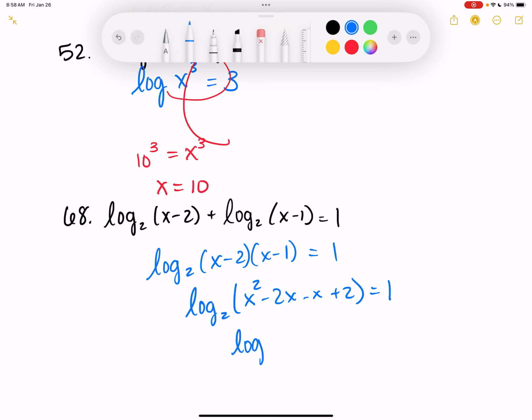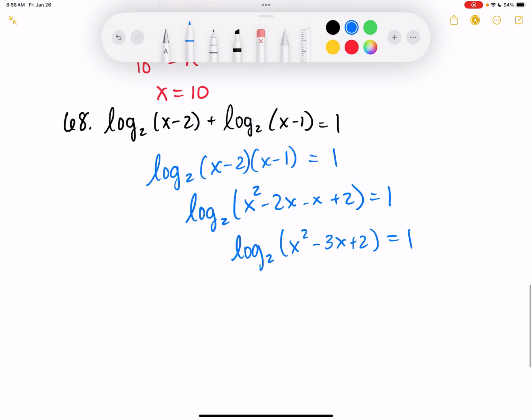So log base 2 of x squared minus 3x plus 2 equals 1. So now what? I start here, loop around. So 2 raised to the 1 is equal to x squared minus 3x plus 2.